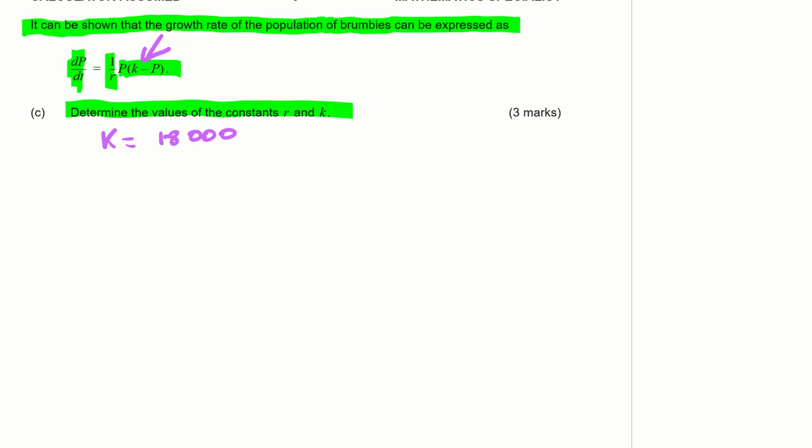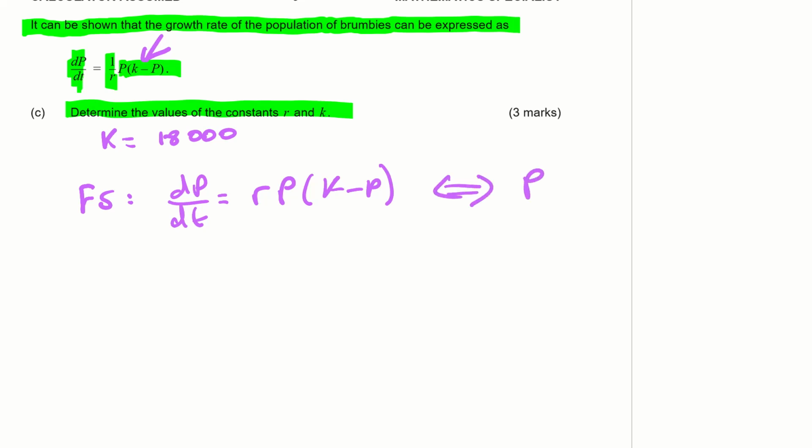So that's straight away. Now, from the formula sheet, we get dP/dt is rP(k minus P) if and only if P is equal to k P naught over P naught plus (k minus P naught) e to the negative rkt.